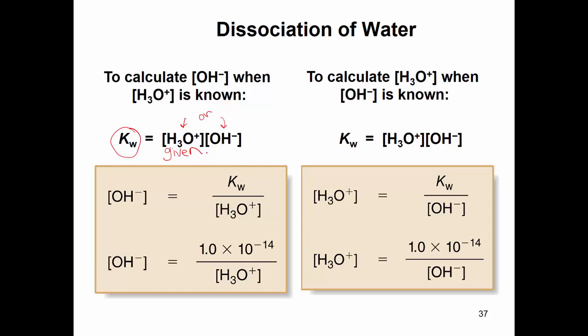So if you rearrange the equation to solve for hydroxide, then of course you divide by the hydronium concentration, and that's what that is right here. So all that is rearranging an equation. At this point, hopefully everyone can do that. If we're given the opposite, in this situation we want to calculate the hydronium concentration.